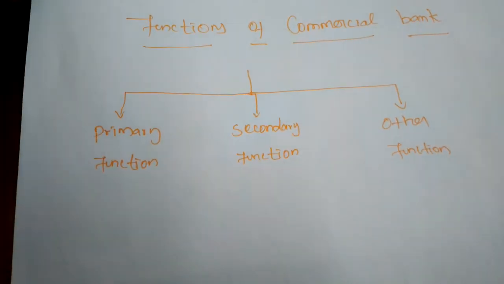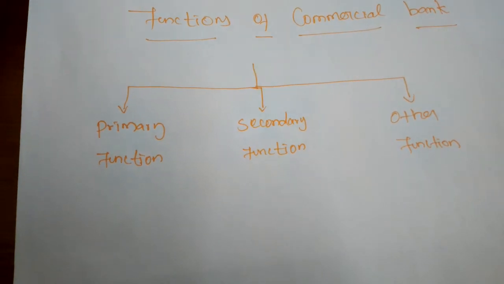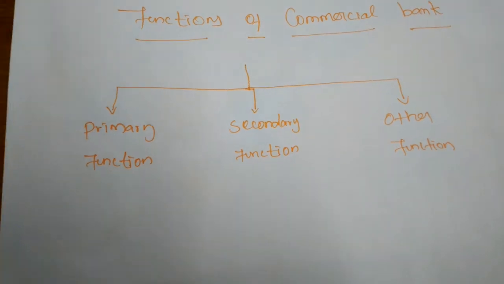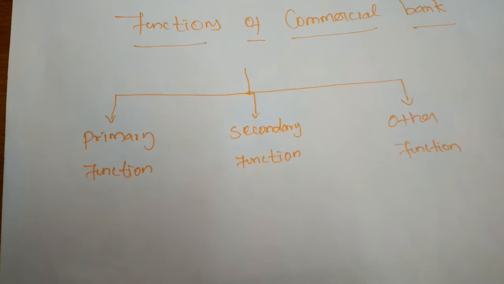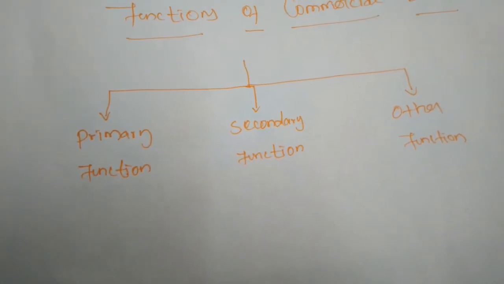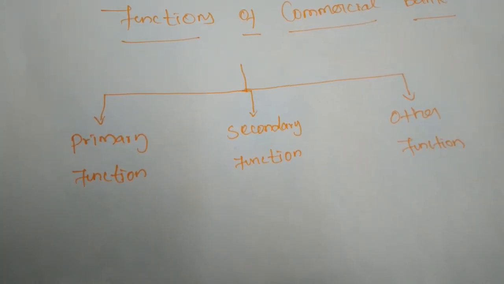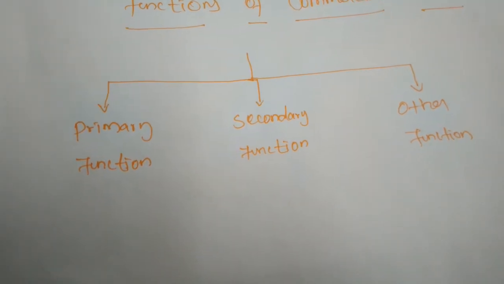The functions of commercial banks are classified broadly under three cases: primary functions, secondary functions and all other functions. First, we will see what functions are provided by the commercial banks under the primary functions.